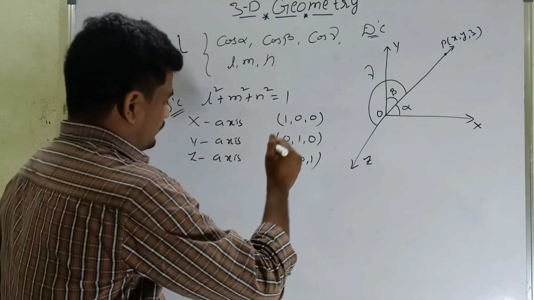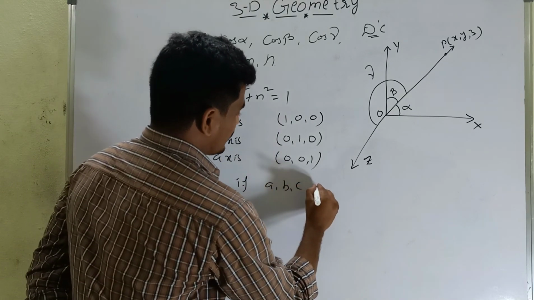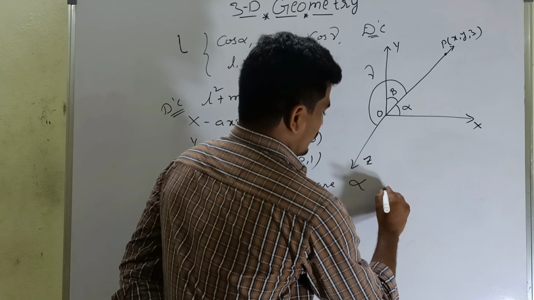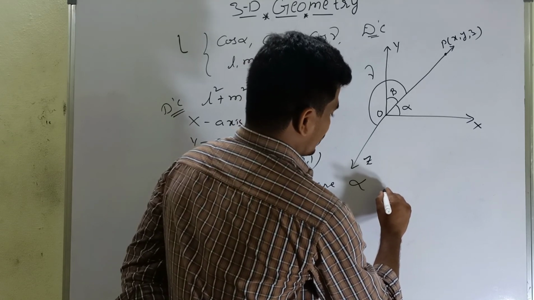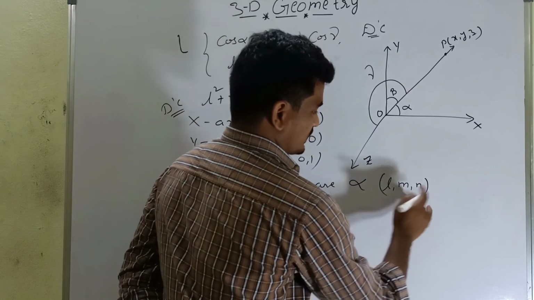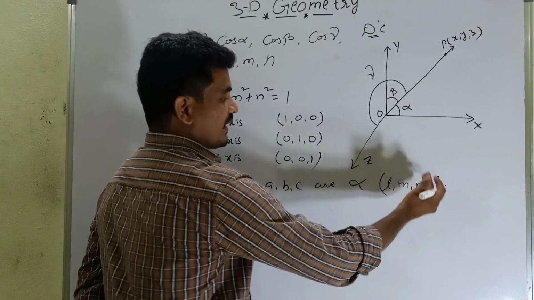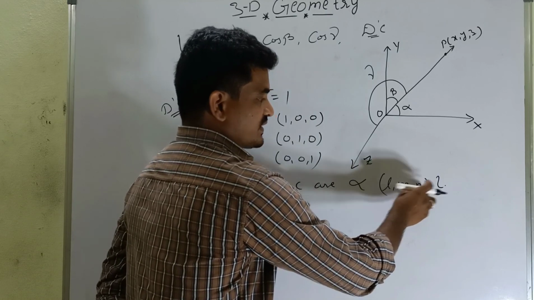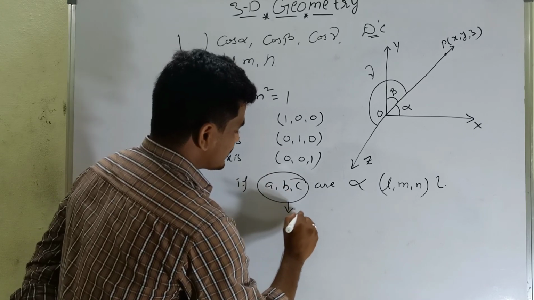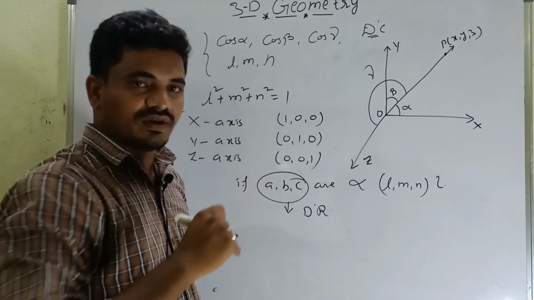Okay. Next, if a, b, c are proportional to the direction cosines of L, that is, if a, b, c are proportional to l, m, n, which are the direction cosines of line L, then we call these values direction ratios.